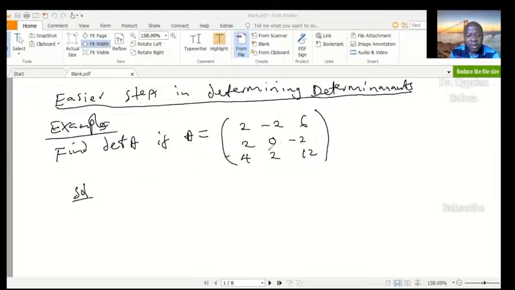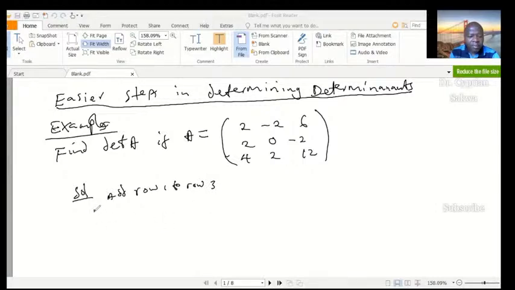I want to introduce a 0 in this position. And to introduce a 0 in this position, I want to add row 1 to row 3 to get the new row 3.